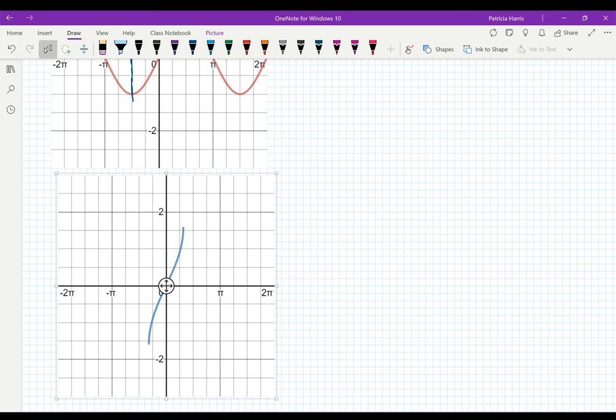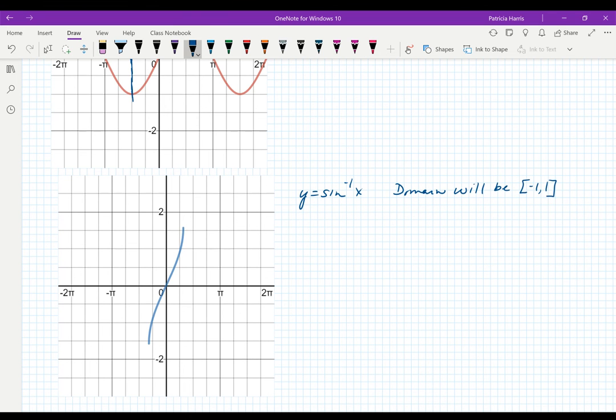Okay, so if I look at the function y equals sine inverse of x, okay, its domain will be negative 1 to 1.